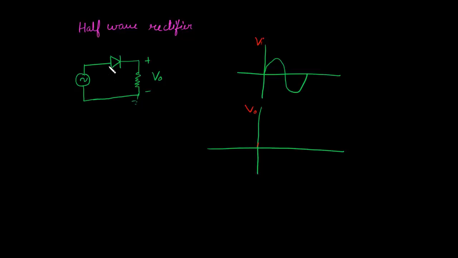When the diode is forward biased, it acts as a short circuit. So the equivalent circuit can be represented by this. We see that V output will be equal to V input for the positive half cycle of the input voltage.